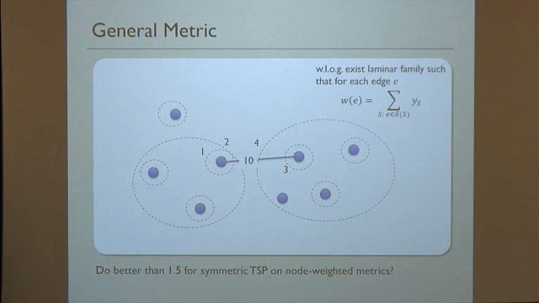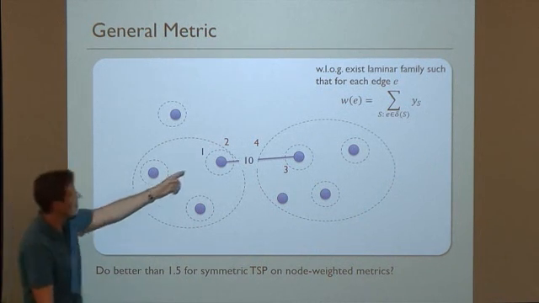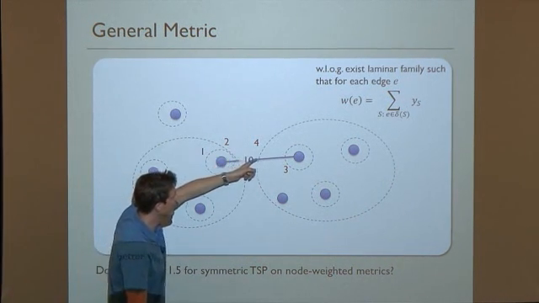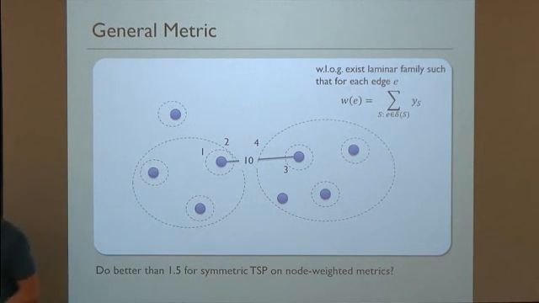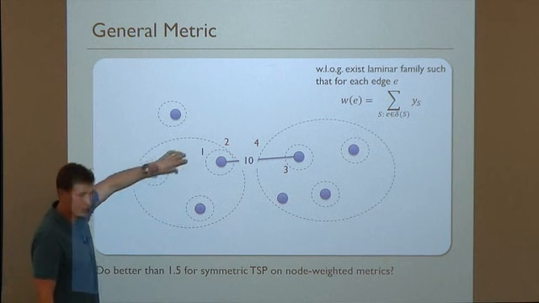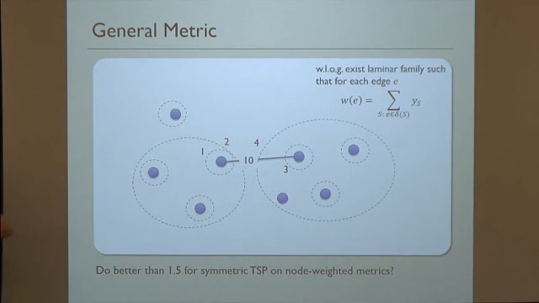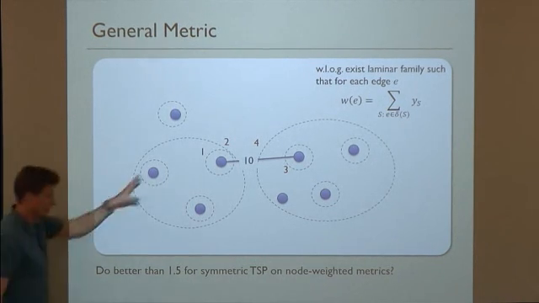And now the length of an edge will basically be the sum of the values of the sets it crosses. In our case, what we have taken is a laminar family where we only have the singletons. If you would have a general laminar family, then it would be general metrics. This is the situation for symmetric. For asymmetric, there are two kinds of sets, depending on whether it crosses going out or in. But basically, this is the situation. So general metrics also have a very nice structure if you use this relaxation. This follows by duality.